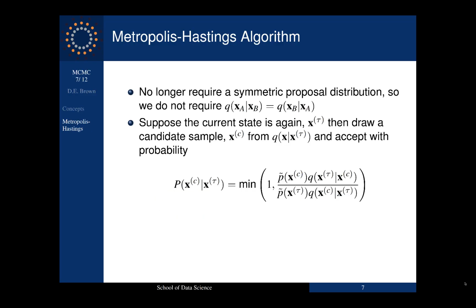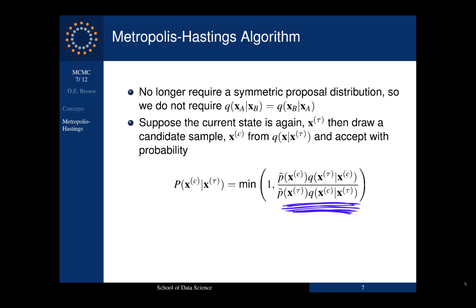And in a similar fashion to what we saw in the Metropolis algorithm, now in the Metropolis-Hastings algorithm, if we have the kernel of our target distribution, P tilde x candidate, over the kernel for P tilde for the current location, x tau, each of those times their respective proposals.